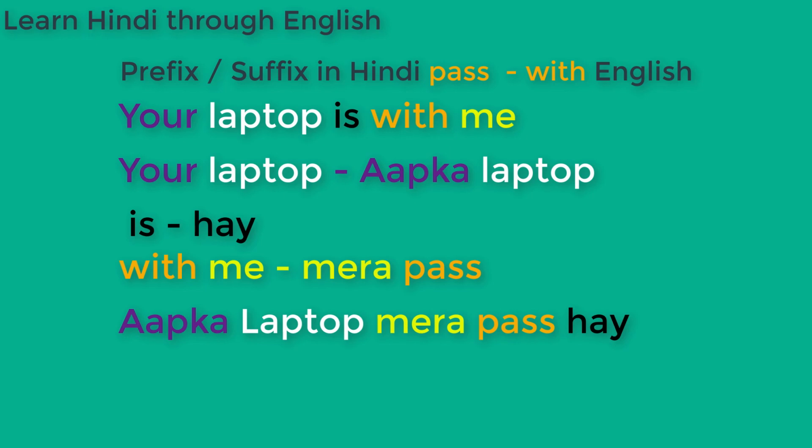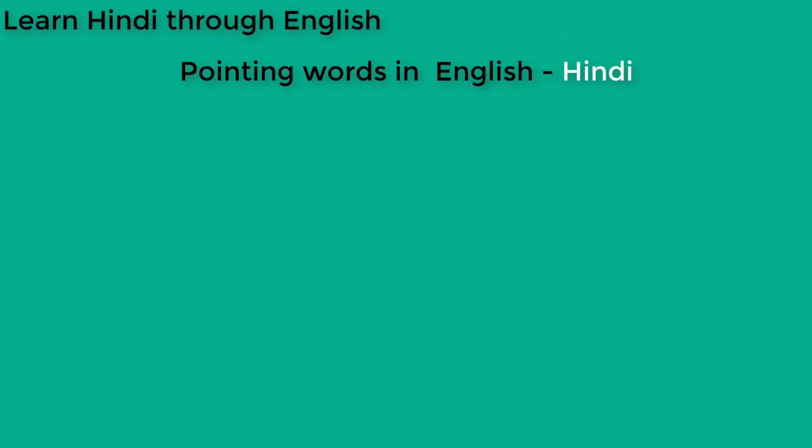Now I am going to take a list of pointing words associated with Hindi and English. Pointing words are also a set of words with frequent usage in daily life. Let's see the list of pointing words available with us.